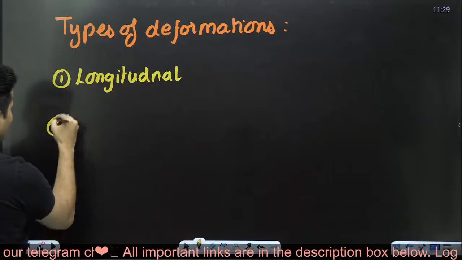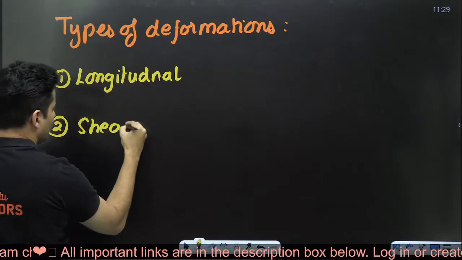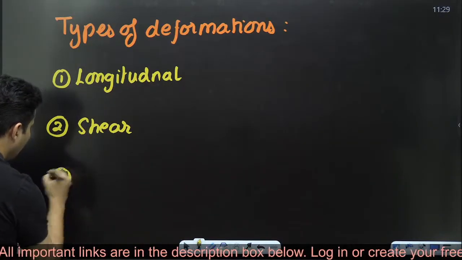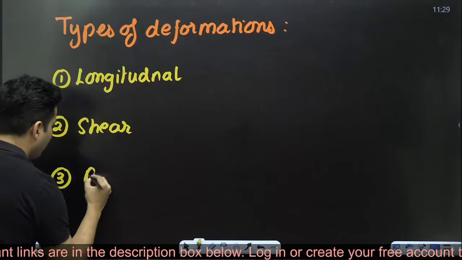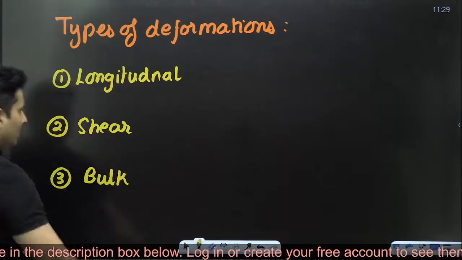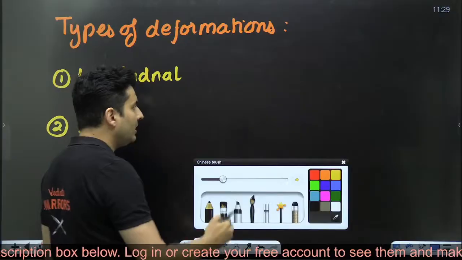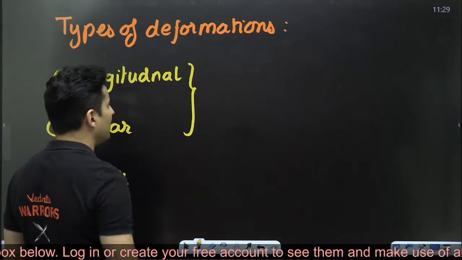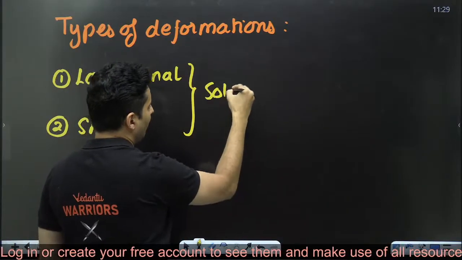Number two, we are going to study shear deformation. Number three, we are going to study bulk deformation. Now usually these two, longitudinal and shear, we use mainly for solids.